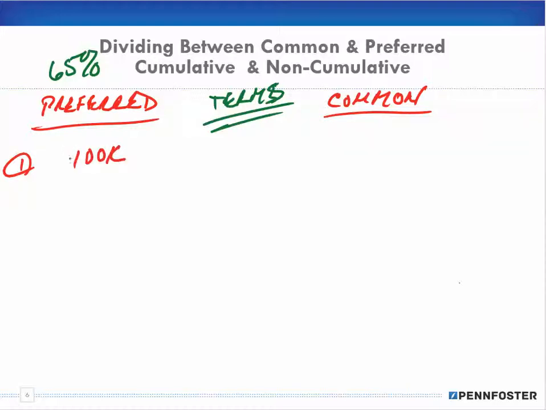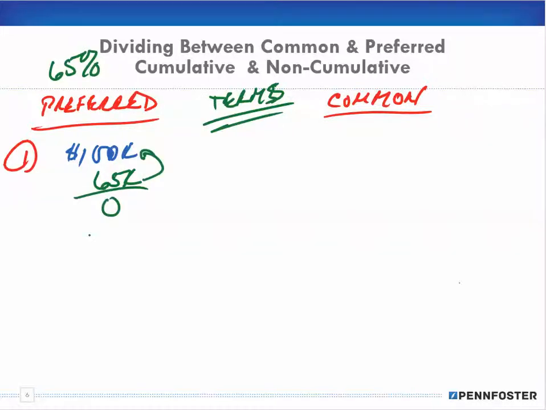Let's say $100,000 has been declared. Okay, so preferred will get 65% of it, or 65,000. And that means they get 65,000 out of the 100,000.